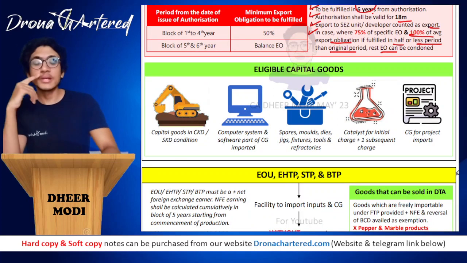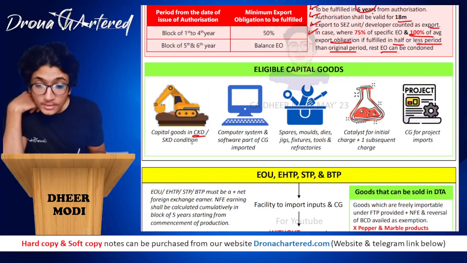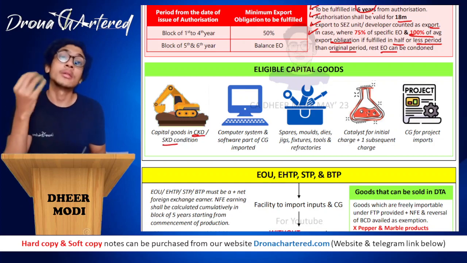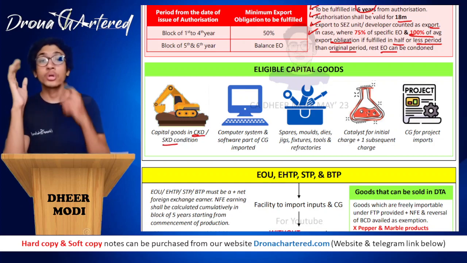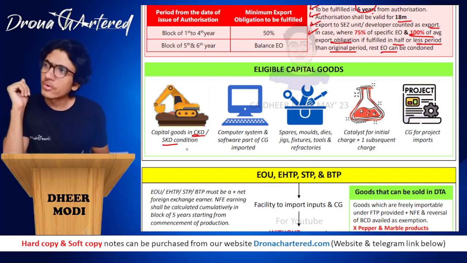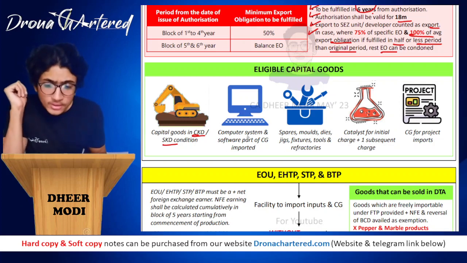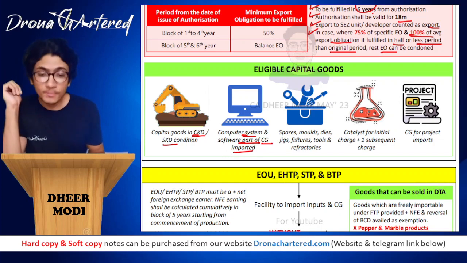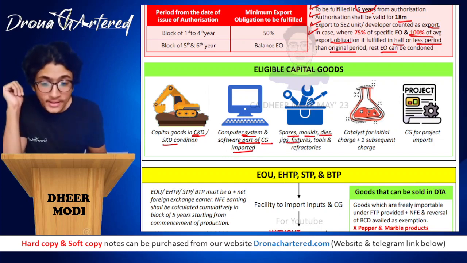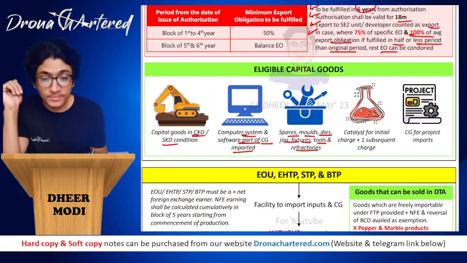Last is your eligible capital goods. Eligible capital goods are capital goods in CKD or SKD condition, that is your completely knocked down condition, or SKD, semi knocked down condition. Next is computer systems and software that are part of your capital goods when imported. Spares, molds, dies, jigs, fixtures, tools, refractories, all of these are eligible capital goods.